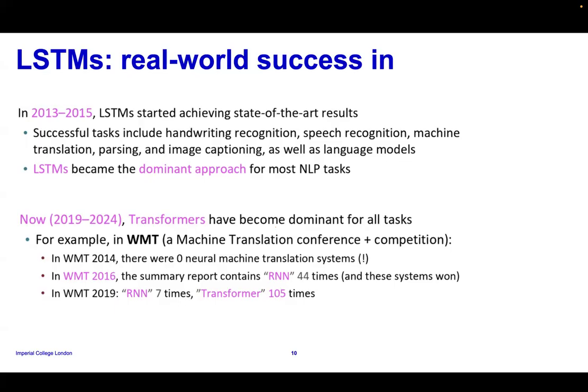People were using it. But in WMT 2019, because WMT is a yearly competition to solve the machine translation problem, RNN was mentioned 7 times and transformer was mentioned 105 times. That means today, if you find the report, you may see not a single paper that works with RNN.